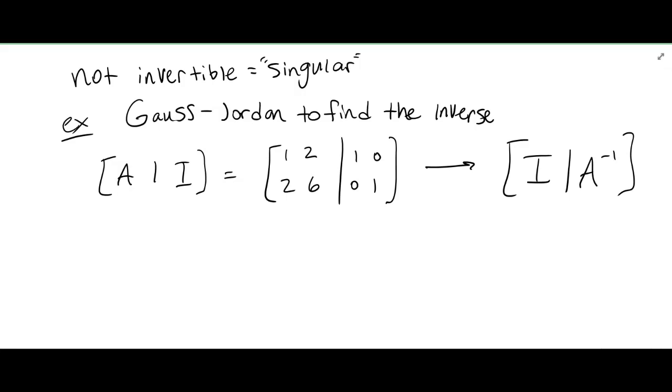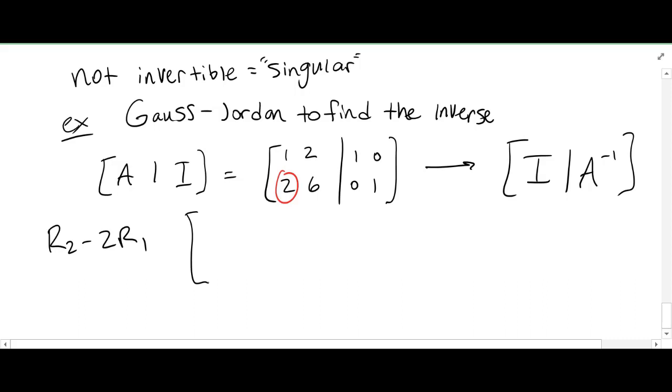So let's do it. Let's say we want to reduce this entry to a 0. So we want to do row 2 minus 2 row 1. Then this will turn into a 2. And then we do the operation on both sides. We get a negative 2 here.